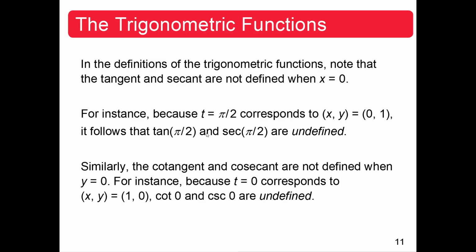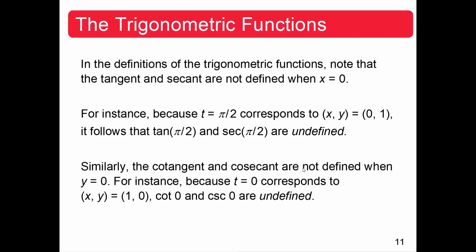Let's give as an example here, t being equal to pi over 2. That goes a quarter turn around the circle, so it has the xy point 0, 1 corresponding. In this case, if our x-coordinate is 0, tangent and secant are both undefined. So this is written as you see here. Tangent of pi over 2 and secant of pi over 2 are both undefined. This would also happen, for example, at 3 pi over 2. In that case, again, x is 0, so these would cease to work.